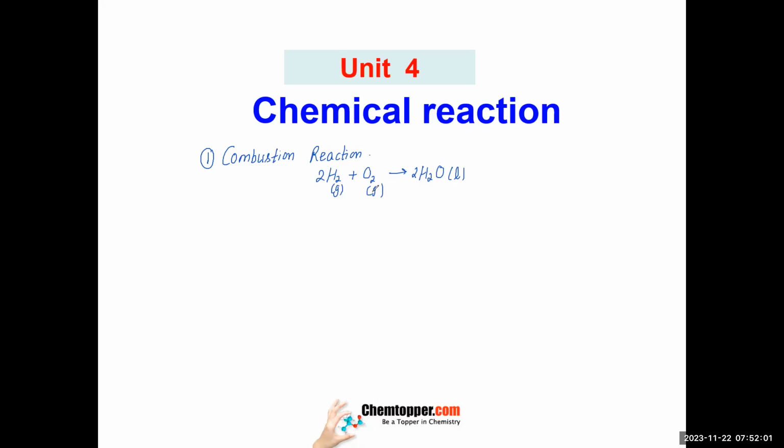Oh dear. Why are you saying like this? For the combustion reaction, one reactant must be O2, oxygen gas. Is it there? Is one of the reactants O2? Yes or no? So it's a combustion reaction.